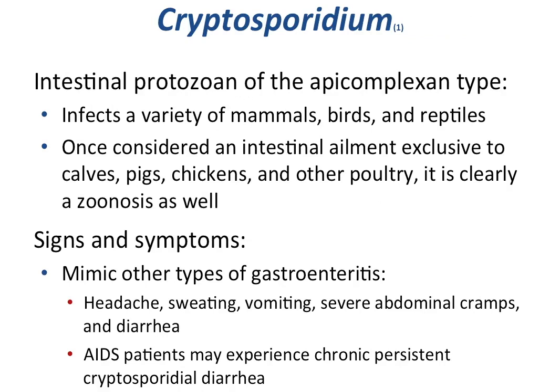Now let's talk about cryptosporidium. This is a type of protozoa, of the apicomplexan type. This protozoa can be widely found in mammals, birds, and reptiles.